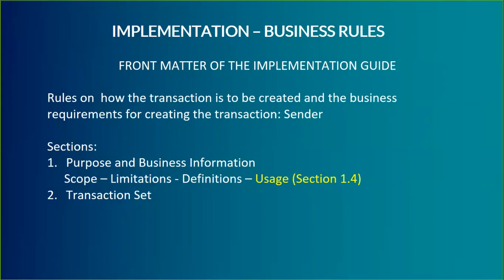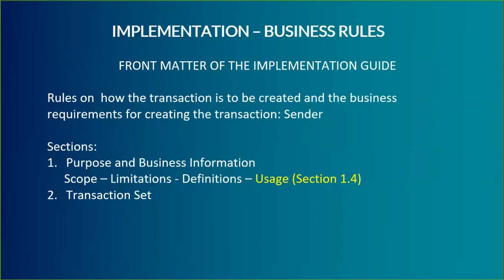That's why you can have one standard like the 277 and have 5 different usages, because each one serves a business purpose. And that's really where you want to pay attention, is in the utilization, or how do I use this, and that is and always will be in section 1.4. So if you don't look at anything else, I recommend you look at section 1.4.